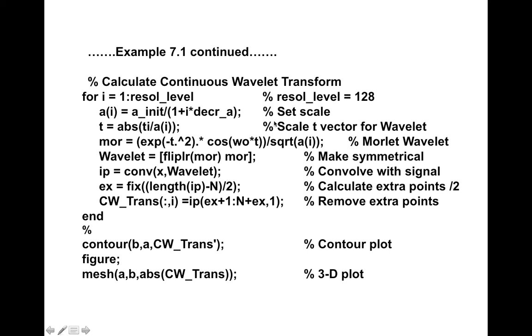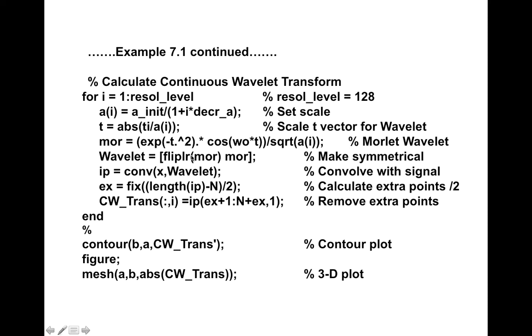The time vector for the wavelet is then scaled, and the Morlet wavelet is constructed using the positive part of the equation, and then it's made symmetrical by doing a flip left right and then constructing an array that's the flipped wavelet as well as the positive part of the wavelet.